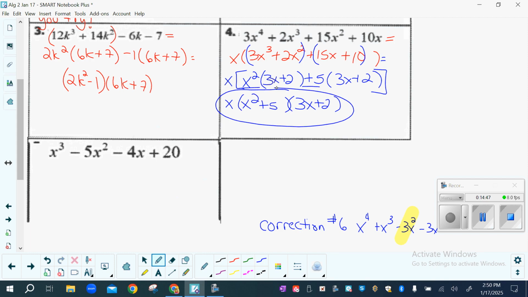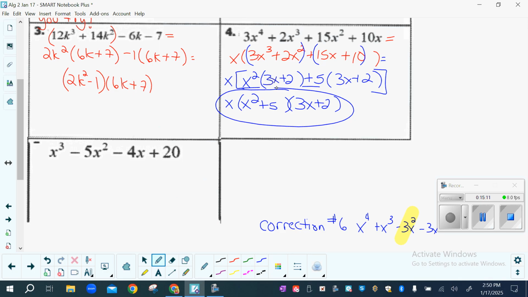So if you did not see that you could factor out an x first, and you just went ahead and did the steps going from here to here, what would happen is you would have one of them that would need to be factored again. This is the final answer. You have to factor completely. You have to have the x in the front.